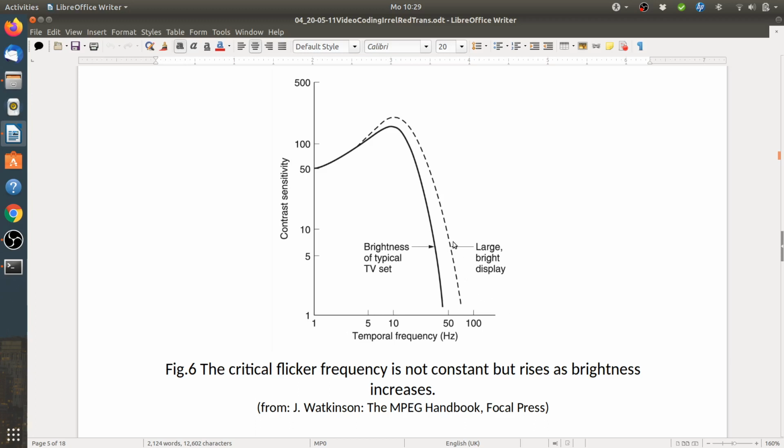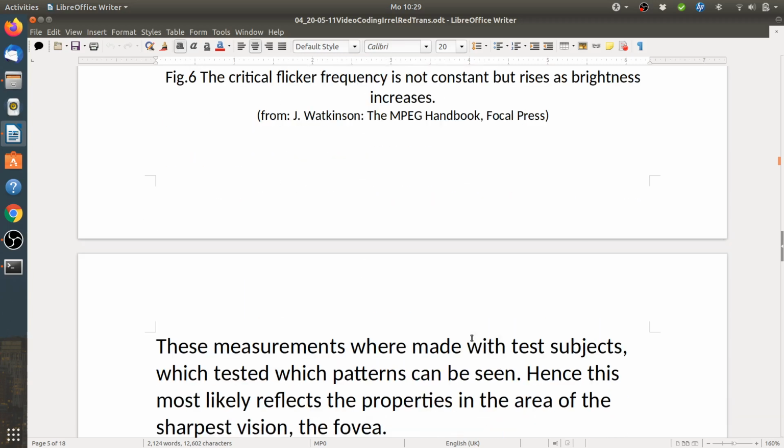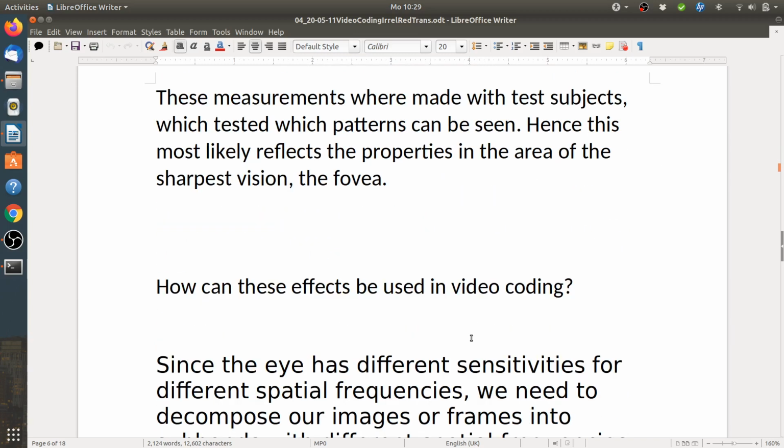This also shows why large monitors need higher frame rates to avoid flickering. These measurements were made with test subjects, who tested which patterns can be seen. Hence, this most likely reflects the properties in the area of the sharpest vision, the fovea.